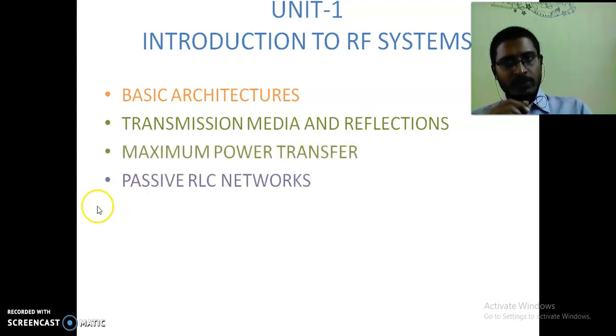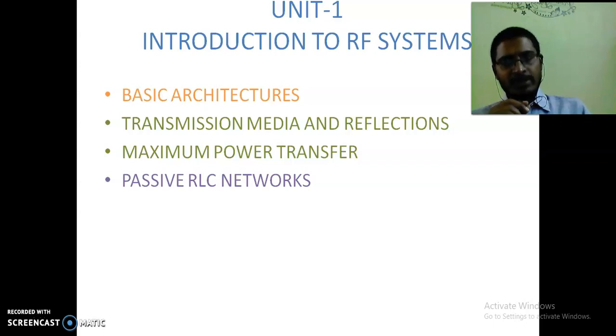Next, maximum power transfer theorem. What is the condition to transfer maximum power from the transmitter to receiver, or from source to load? We already studied the maximum power transfer theorem in network analysis, so the same theorem I will repeat here. Next, passive RLC networks.